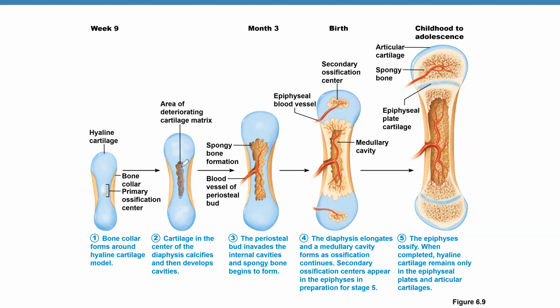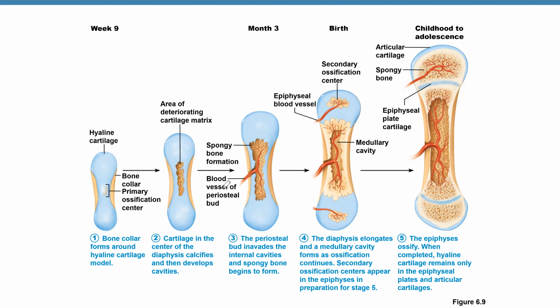At the same time, because we are still inside the uterus, we still develop, organs and blood vessels are growing. We have blood vessels growing toward this area, toward this area inside the long bone.